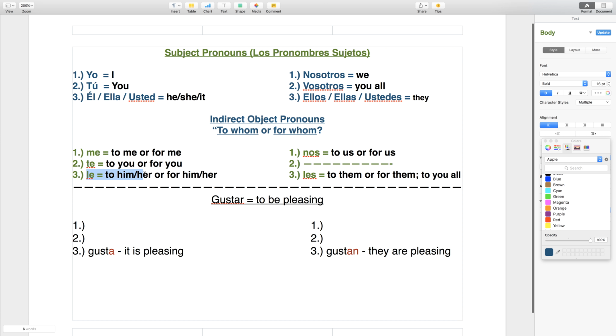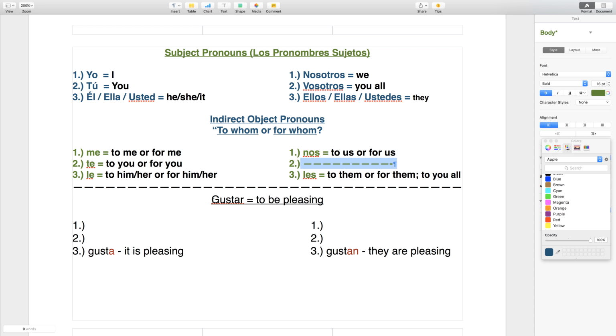Le is to him or her, or also for him or for her. Nos is to us or for us. And finally, les is to them or for them. Or we could say to you all as well, because remember, ustedes is you all, and we could communicate les for you all as well. So we're not going to do the second plural on this one.